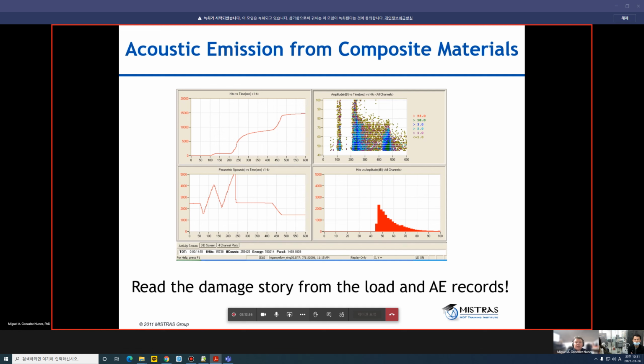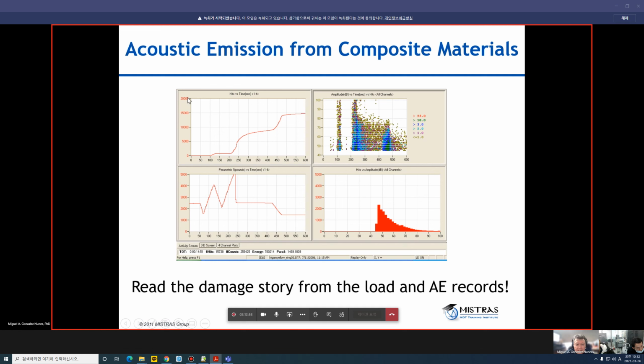This is some example of plots in composite materials. The first plot here on your left top side, we are plotting basically the accumulation of hits versus time.